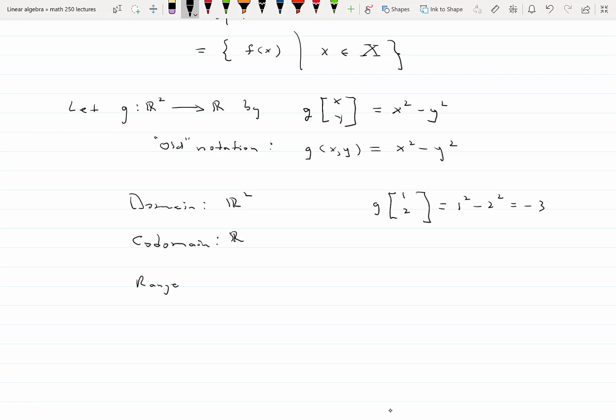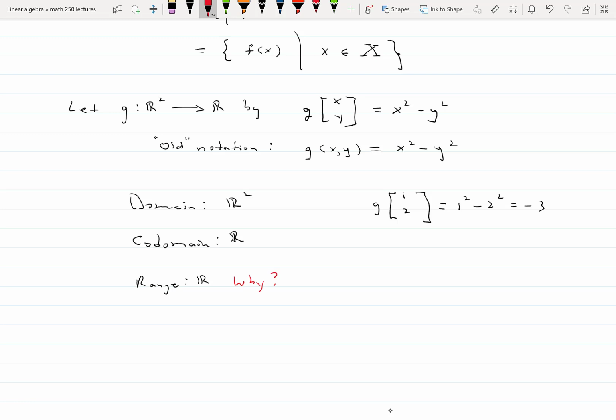Now I'm going to ask you to think, if you've had Calc 3, why that might be true. How could you justify that? If you haven't had Calc 3, don't worry about it. Your grade isn't going to depend on whether you can show that the range of this function is all real numbers.